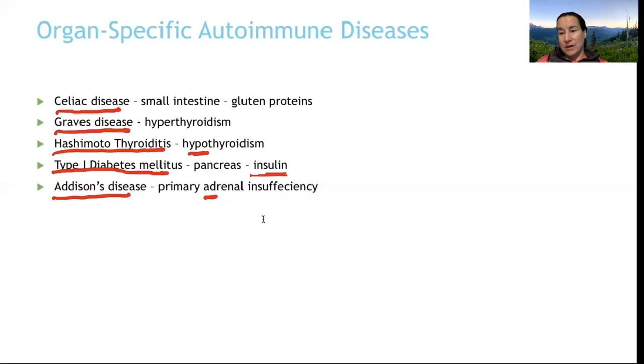So signs and symptoms of Addison's disease are weakness, nausea, decreased appetite, weight loss, hyperpigmentation. So places are becoming much, much darker than they normally should. Hyperkalemia, too much potassium. Hyponatremia, not enough sodium.